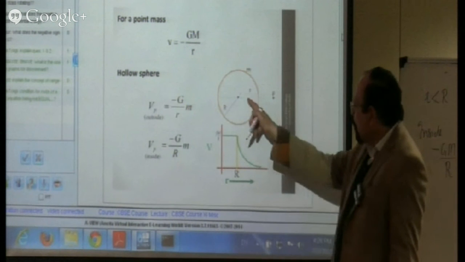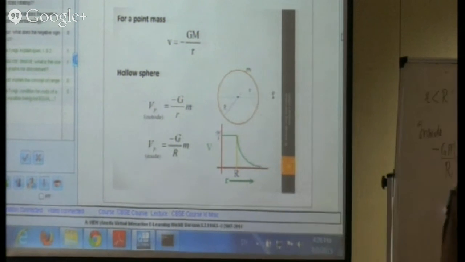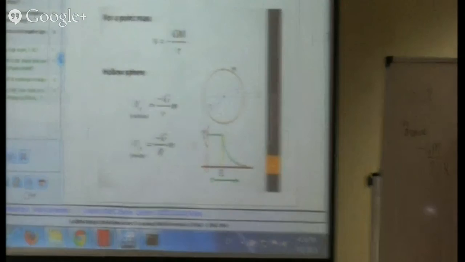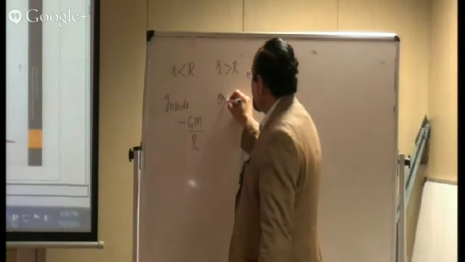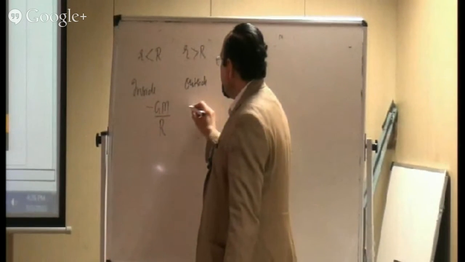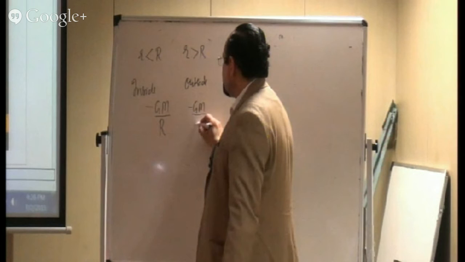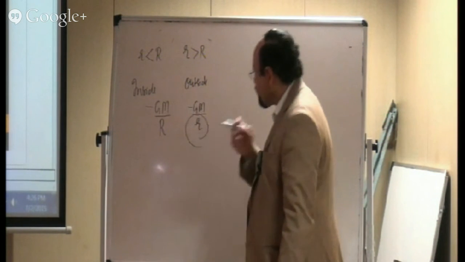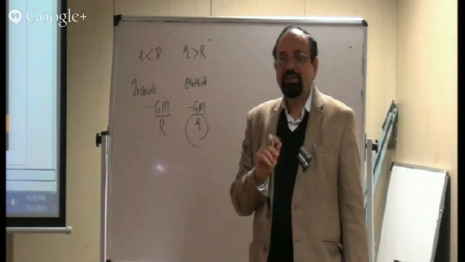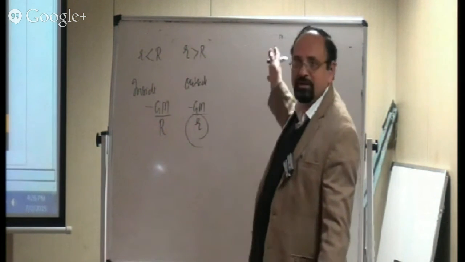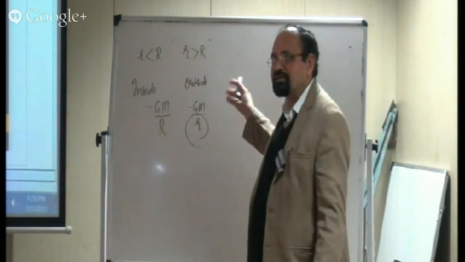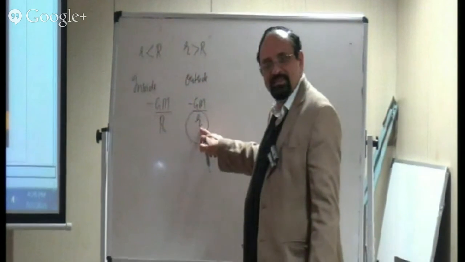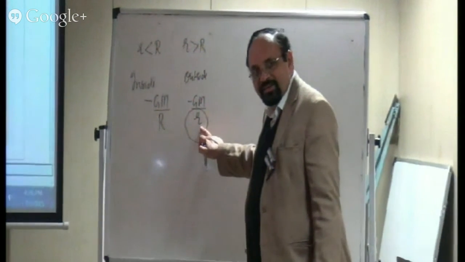But when I go outside, when small r is greater than capital R, the value becomes minus Gm by small r. Small r is a variable quantity. As you move out, r keeps on increasing, so the denominator is increasing.